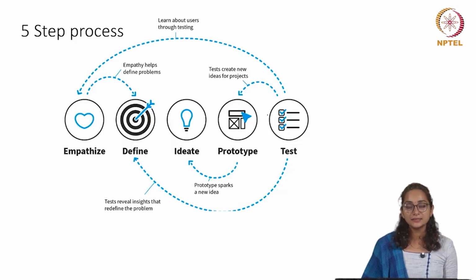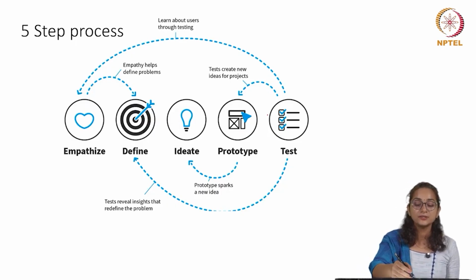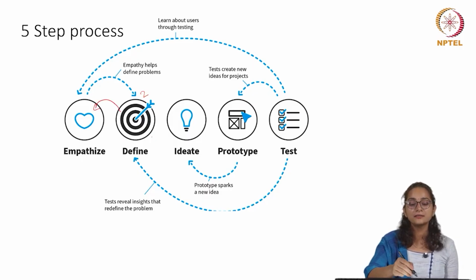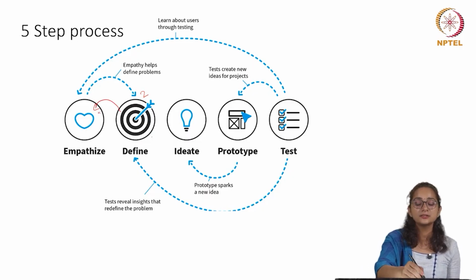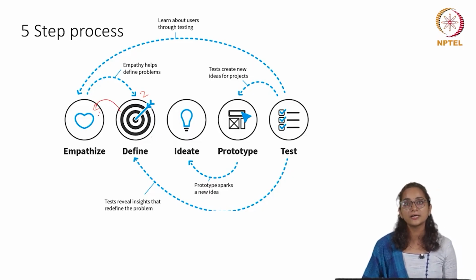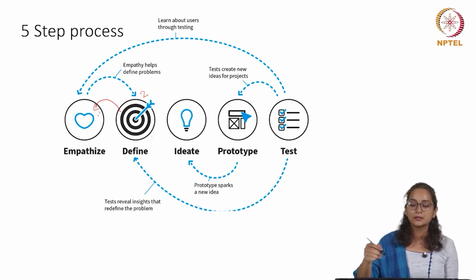As I stated earlier, the design thinking process is very much an iterative process. For example, if in step 2, the define phase, we are unable to define the problem very clearly, we can always go back to the empathize phase and revisit the contextual questions that might have remained unanswered.